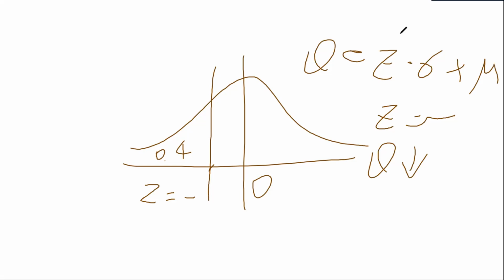But that doesn't mean the same for sigma. When sigma is higher, the optimal order quantity is not always higher. It depends on the sign of the z value. If it's negative, a higher sigma contributes to a lower order quantity.